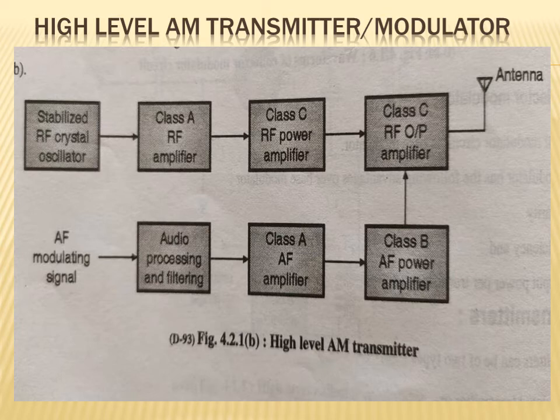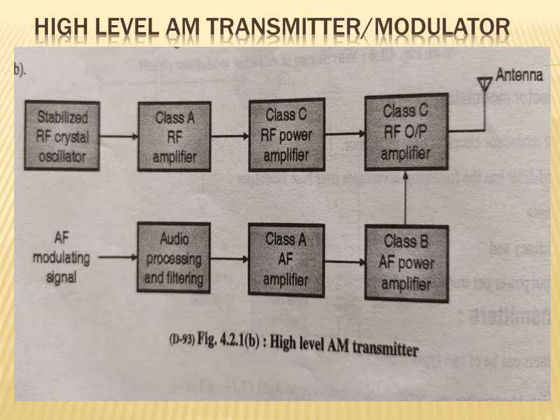This signal is applied to the class A RF amplifier, which amplifies the signal, that is, it increases the amplitude of the signal. Then this signal is given to the class C RF power amplifier, which increases the power level of the carrier signal.